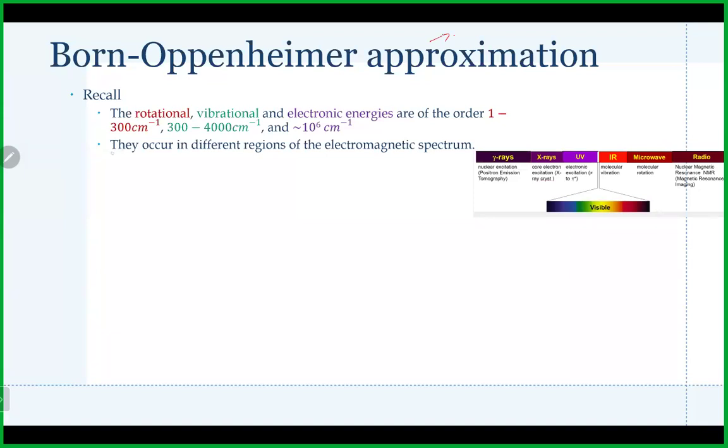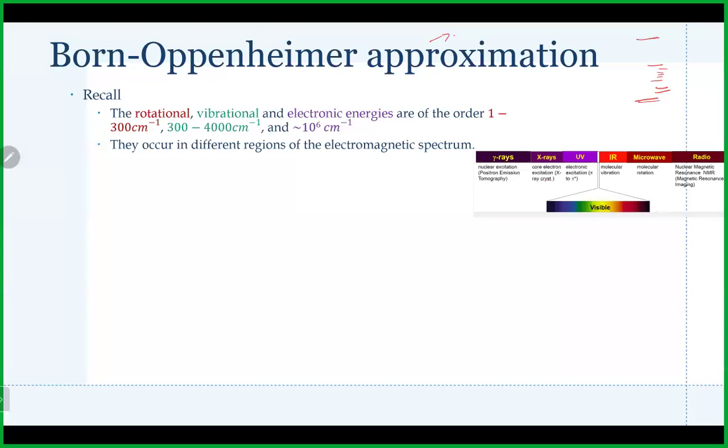If you remember our big diagram, the rotational, vibrational, and other energies take place in certain regions of molecular energy. So this is an electronic state. Within an electronic state, you have vibrational states, and within a vibrational state, you have rotational states.